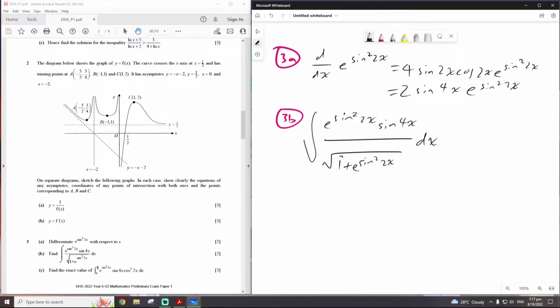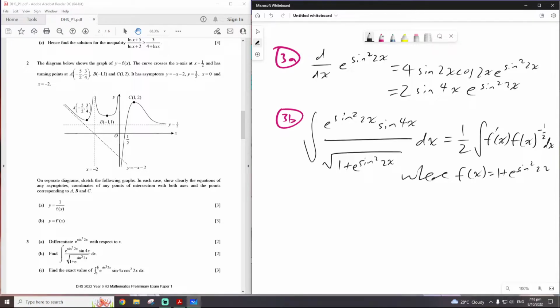Because let's say that this is function f. We ignore the square root. We take the derivative, we're going to get this times 2. So this is actually half times the integral of f prime x, f of x to the negative half power dx, where f of x is 1 plus e sine squared 2x.